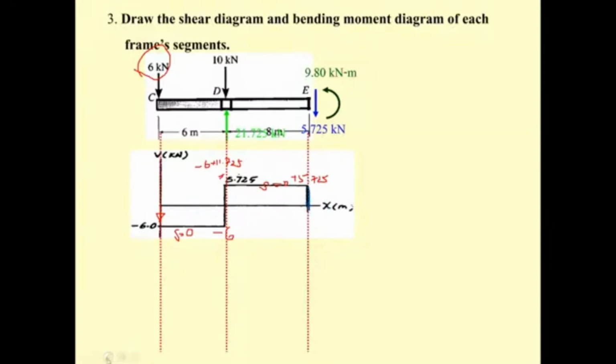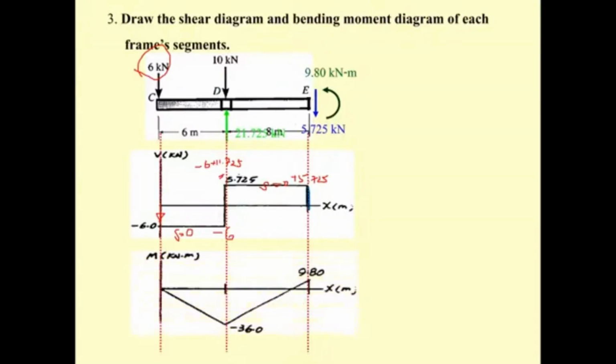And then for the moment diagram, you may see on the left the moment is going to be 0. However, on the right, you're going to have the moment of 9.8 kilonewton meter. So for the moment diagram, since this end has no moment, we start here with 0. And then since the shear here is minus 6, the slope here is going to be minus 6.